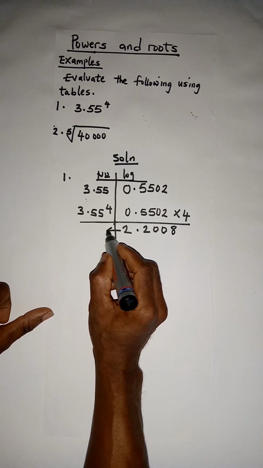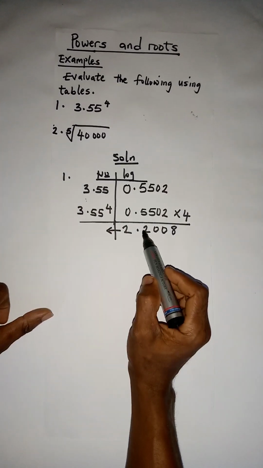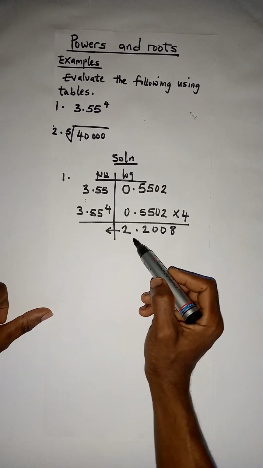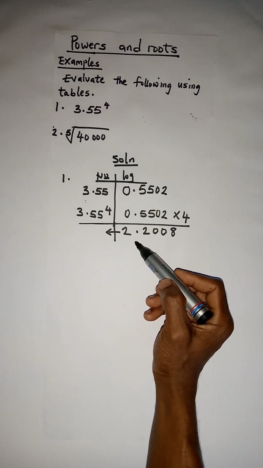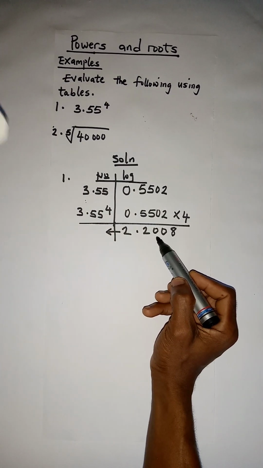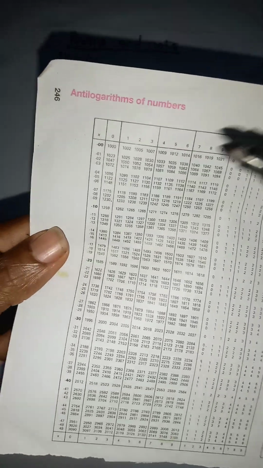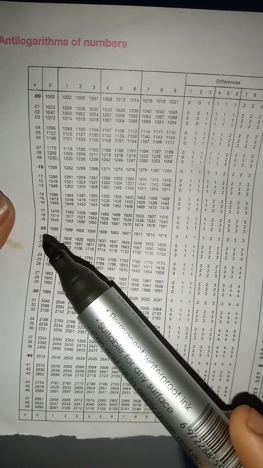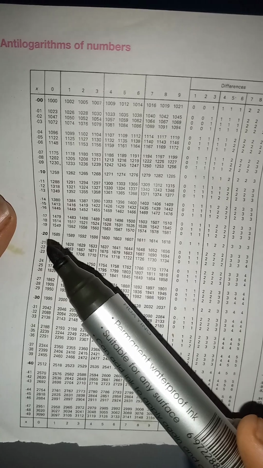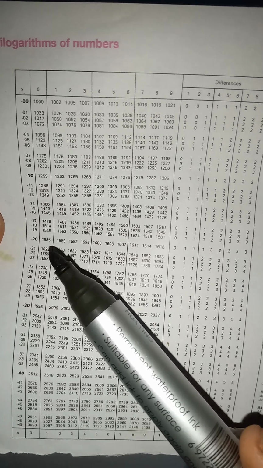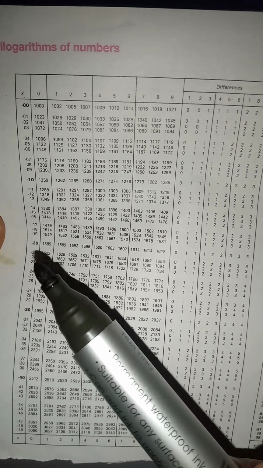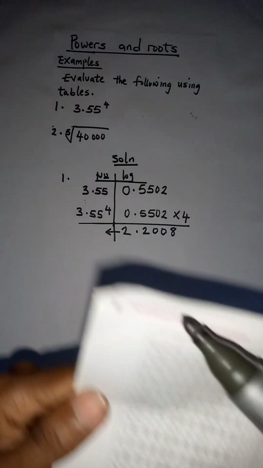The anti-logarithm of this number, remember, we take our anti-log from decimal. So what will be the anti-log of 20 under 0, difference 8? Anti-log of 20, let's check that out. Okay, now this is the anti-log table. Anti-log of 20 under 0 is 1585, and we have difference 8.